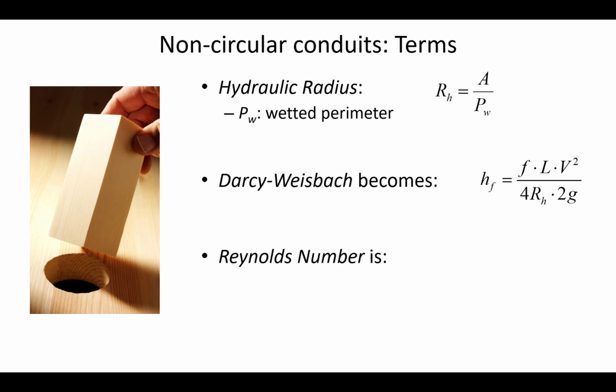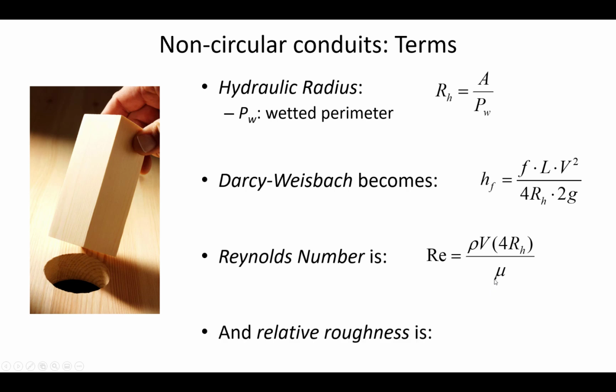So if we're using the substitution that 4 times hydraulic radius goes in place of diameter, then Reynolds number would be velocity times 4 times hydraulic radius divided by kinematic viscosity, or if we're doing it in terms of absolute viscosity, it's what's shown on the slide there with density, velocity, 4 times hydraulic radius, and divided by the absolute viscosity.